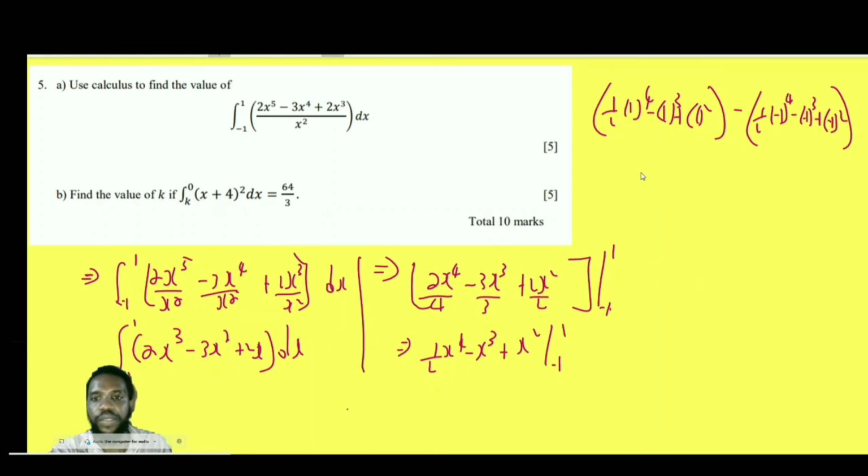Negative 2. So all this really boils down to negative 2. That's your final answer, negative 2 for A.